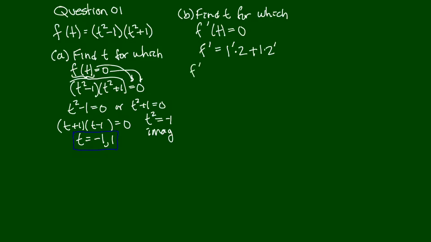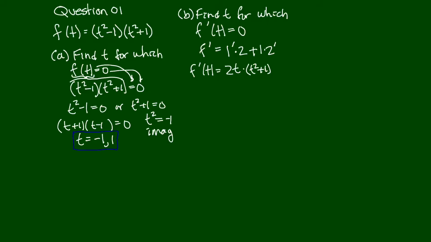So we're going to get f prime of t is equal to, now, the derivative of the first factor. Here's the first factor. This derivative here is 2t, and we get a 0 because the derivative of a constant is 0. There's the derivative of the first times the second, t squared plus 1.